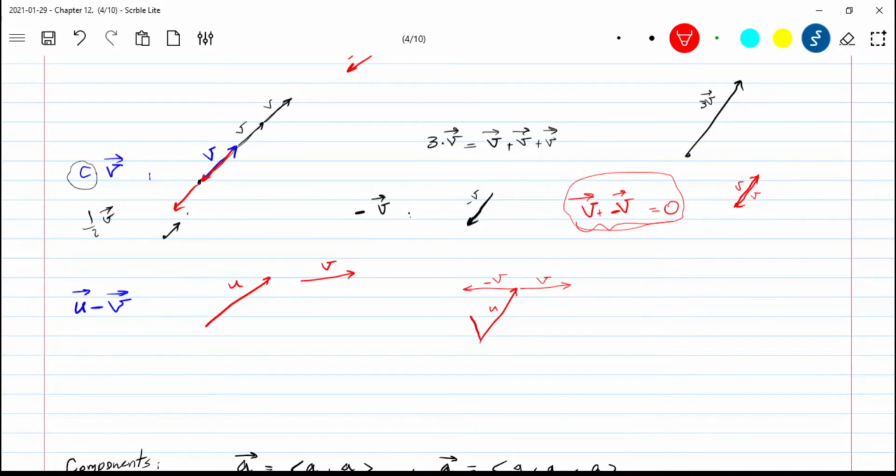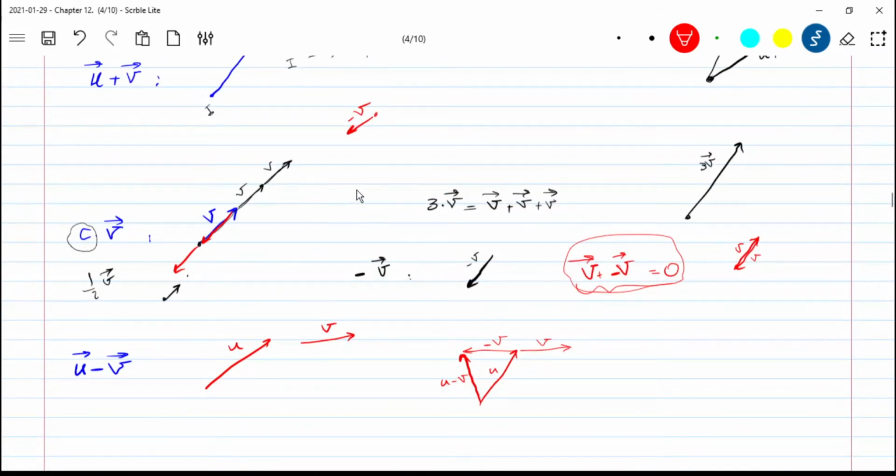So what you get is this as u minus v. Okay, it's still the same triangle law, but you have to first draw the negative v, then you draw the u minus v. So far it's just about the graphing.